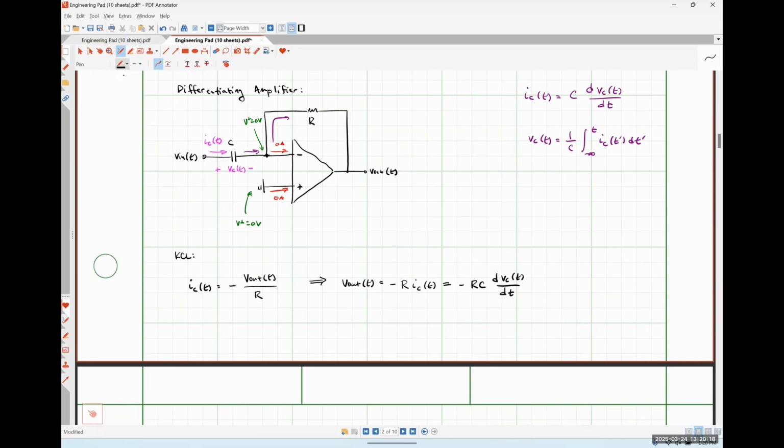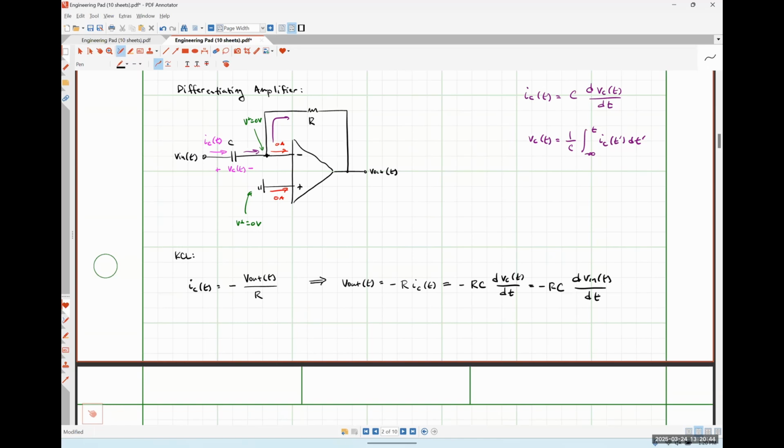And so we get negative RC times the derivative of VN with respect to time. So this is indeed a differentiating amplifier, okay? This is what this circuit is called in an analog signal processing context.